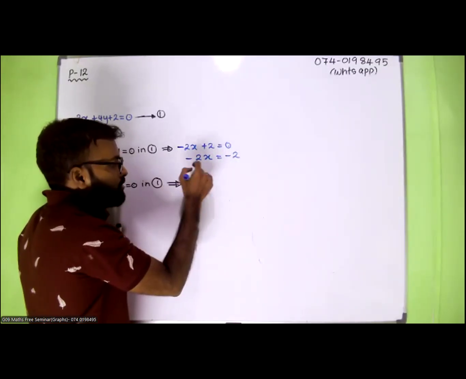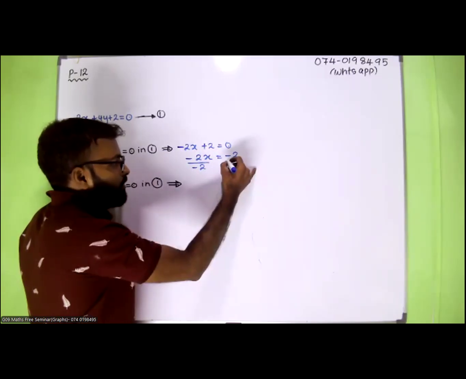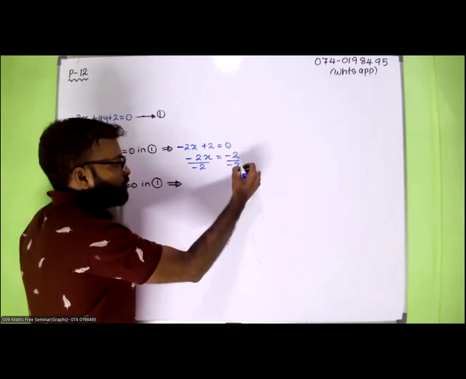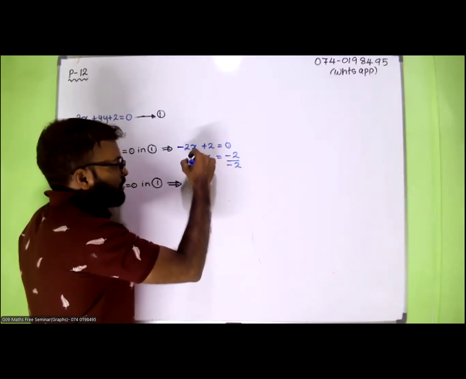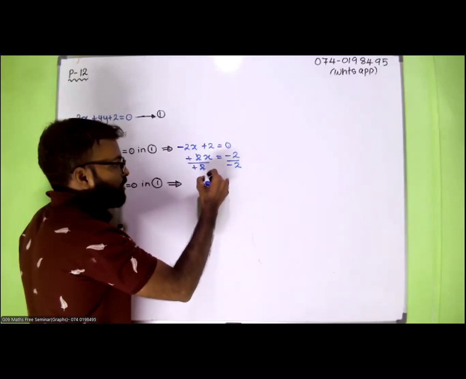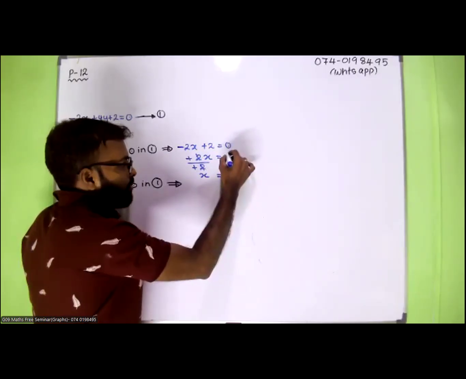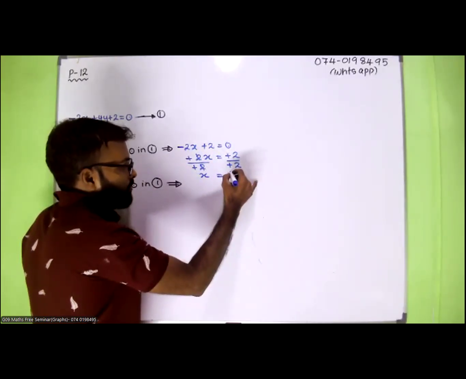I am going to remove this minus 2 from my left hand side by dividing both sides by minus 2. Minus 2 over minus 2 is positive 1, so x equals 1.